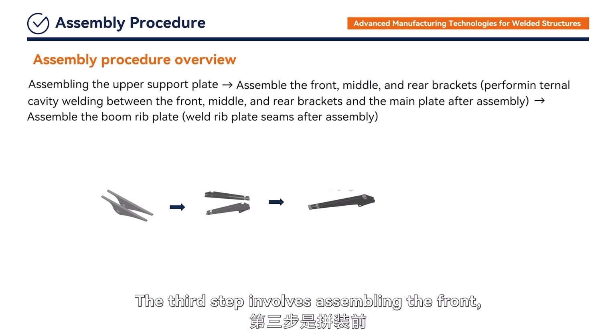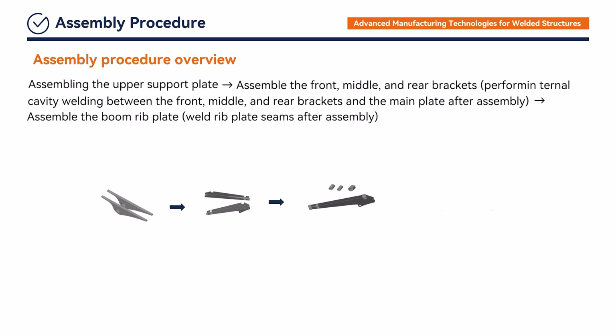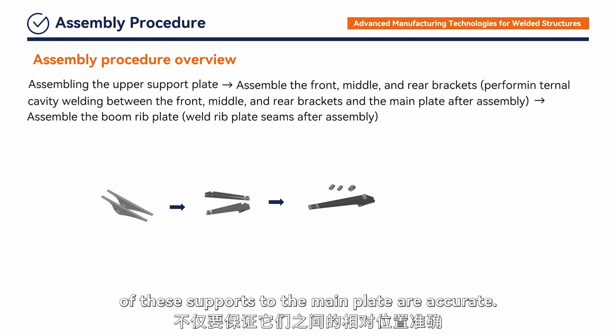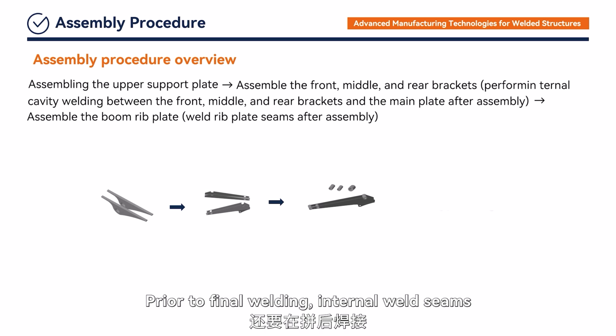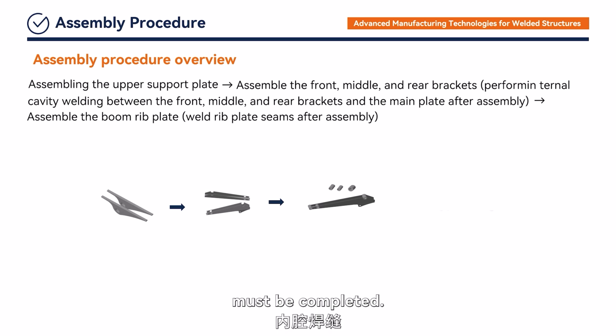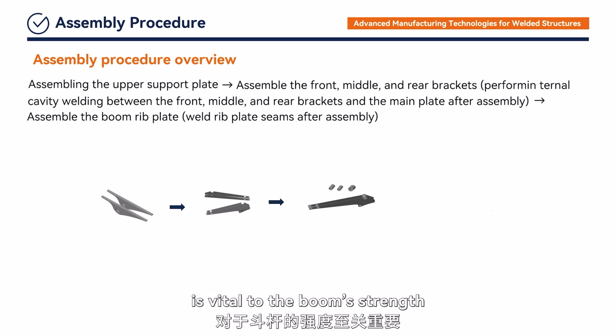The third step involves assembling the front, middle, and rear brackets. It is essential to ensure the relative positions of these supports to the main plate are accurate. Prior to final welding, internal weld seams between each bracket and the main plate must be completed. The quality of these welds is vital to the boom's strength.